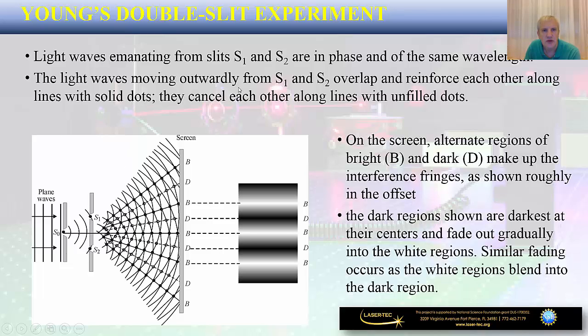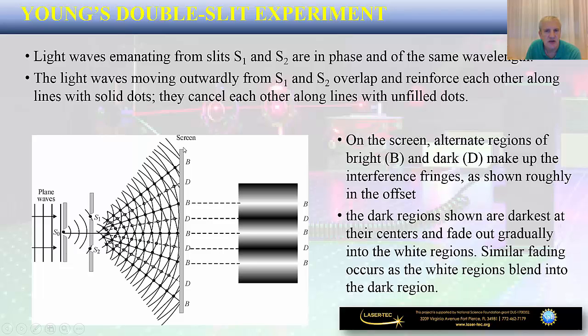So the light that's moving outwardly from S1 and S2 will overlap and reinforce each other along the lines with solid dots. If you're looking at the solid dots, those would be the points where the peak of one wave and the peak of the other wave are overlapping, while we also have locations with these unfilled dots where we have overlap of the positive peak of one wave and the negative peak of the other wave, where those two positive and negative peaks will be canceling each other out.